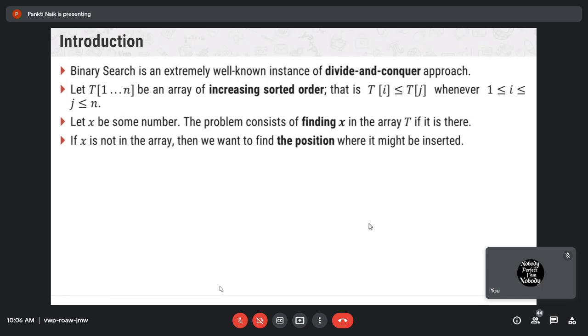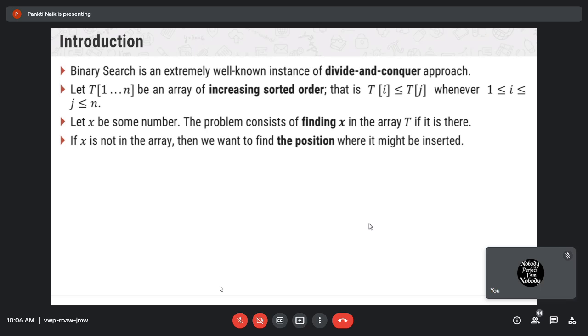If the requested key value which you want to search is not present in the given array, then we can insert that element into that sorted array. So this is the introduction of binary search.